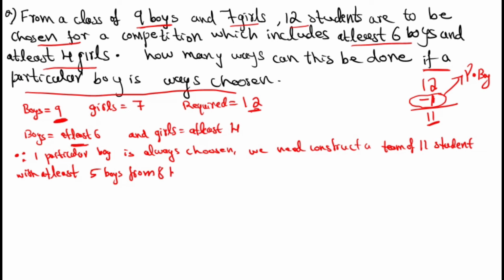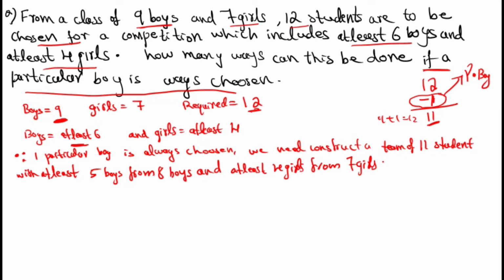So from 8 boys, and at least 4 girls from how many girls? 7 girls. Clear? Since one boy is already chosen, total number required is 11 only, because 11 plus one particular boy gives 12.